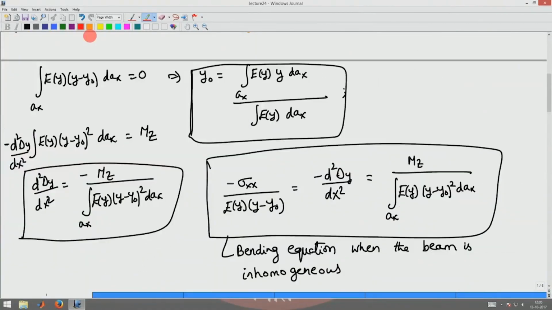One is you can modify the basic equations to get these expressions for y naught and the bending equation, or you can transform the cross section by using a modular ratio times the corresponding width of the cross section when the variation in the cross section is only along one direction, y direction, okay. Then you can do this modular ratio approach, whereas these bending equations are general when the variation in the properties of the cross section is both in the y and z directions, okay.